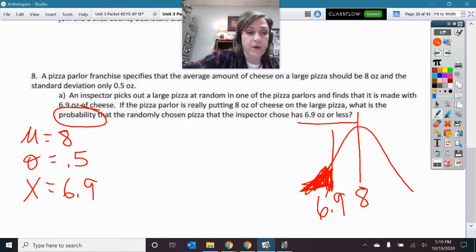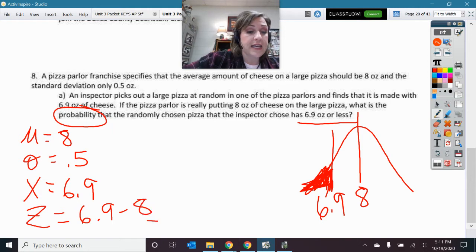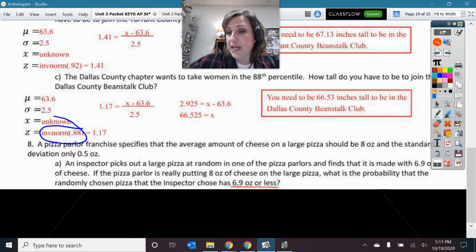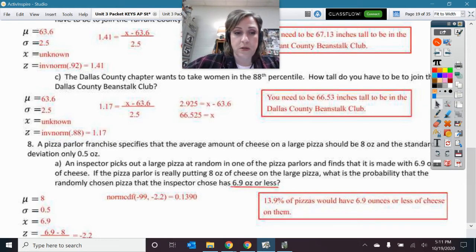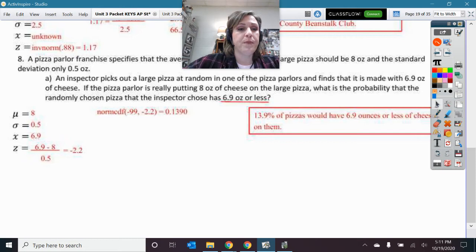Well, remember from the lesson yesterday, you had to get that z-score, so you do your x minus the mean over the standard deviation, and that ends up being negative 2.2.